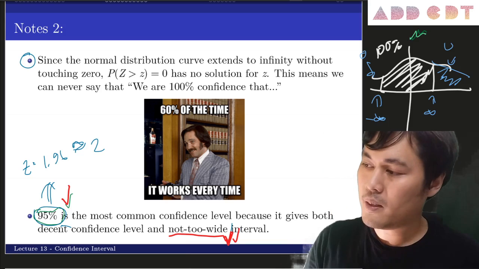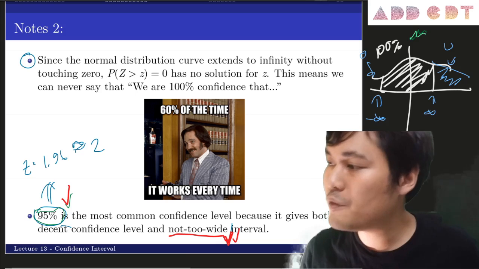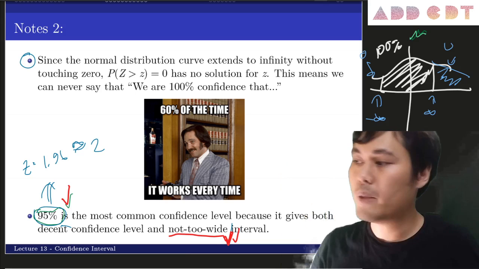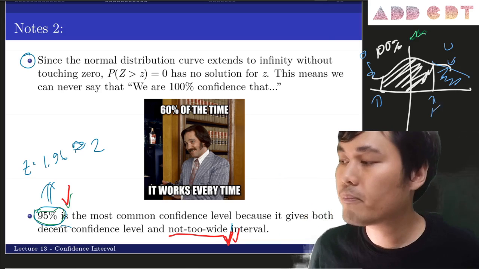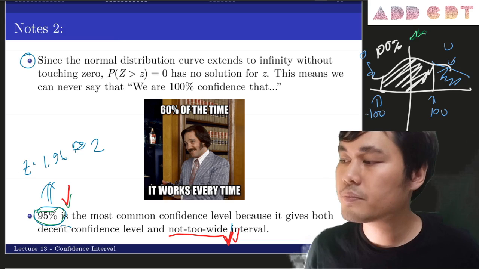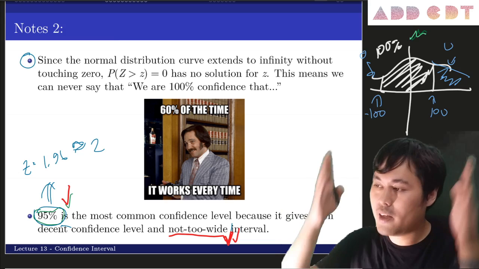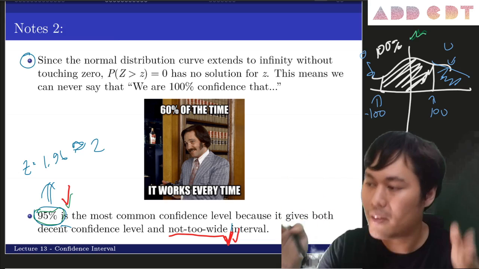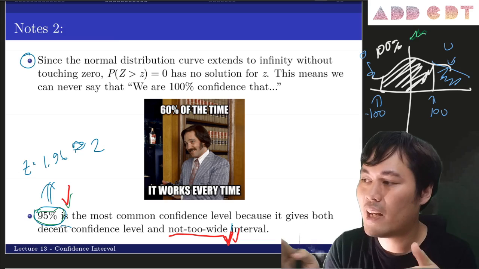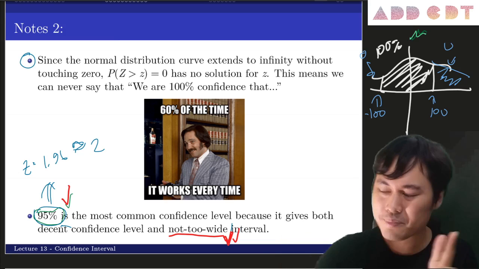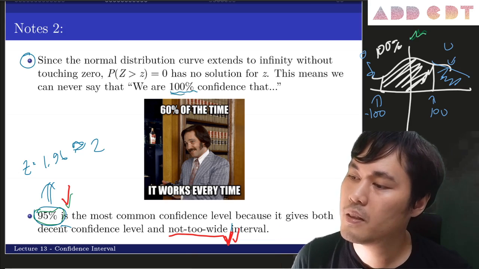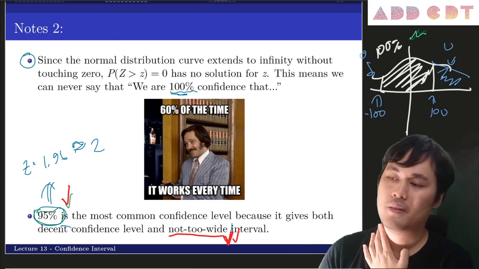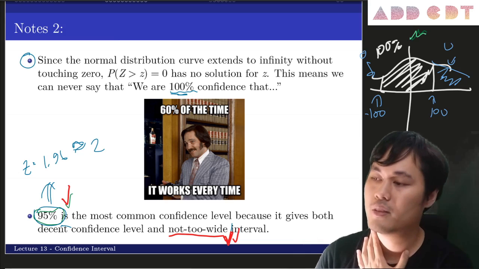On the other hand, if you pick some point here, if you want both endpoints to be some number, maybe even 100, then the area is not 100%. It's not 1. The area is going to be like 0.9999995 or whatever. But that means we cannot say that we are 100% confident that we get this range.